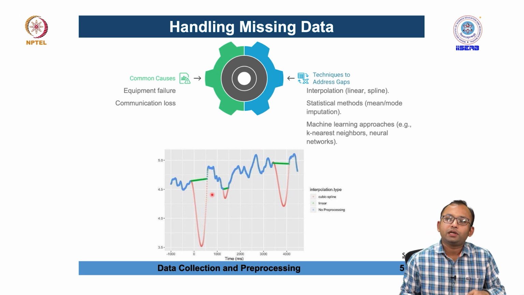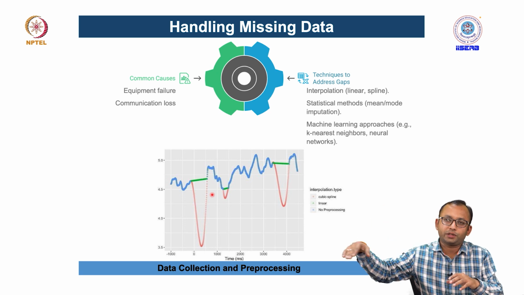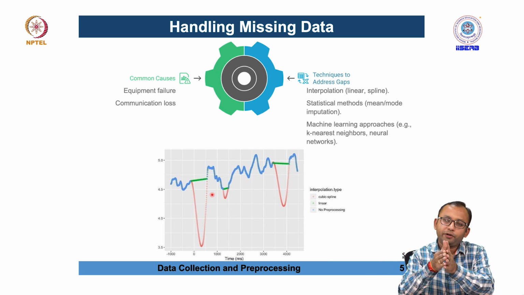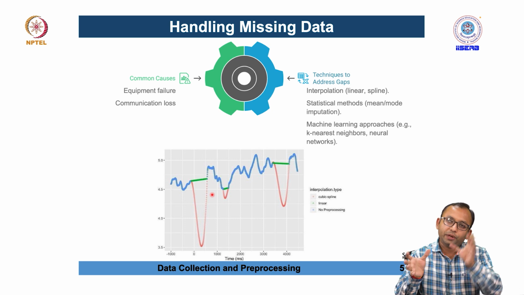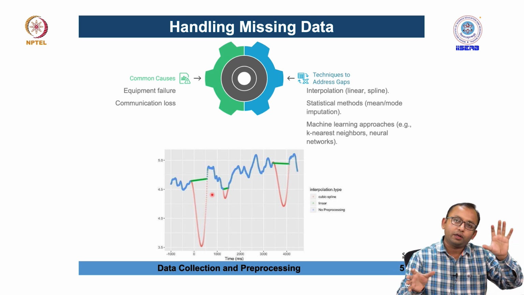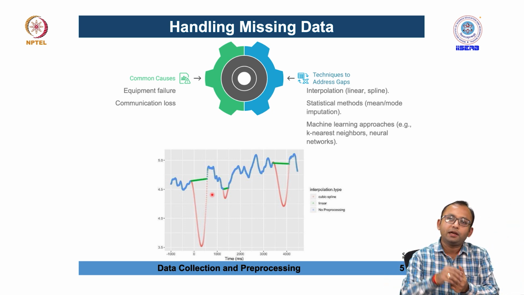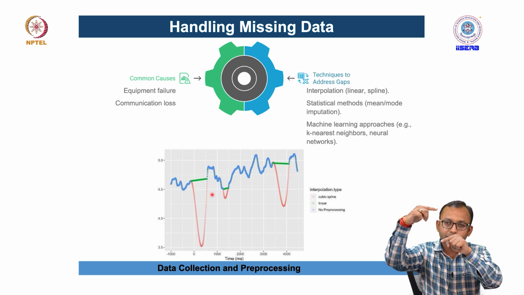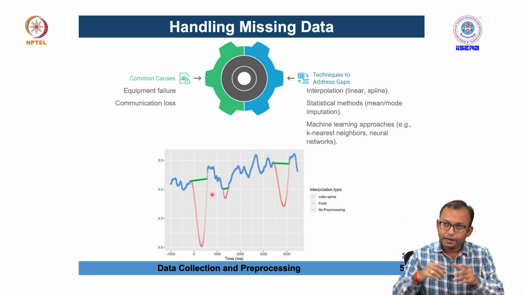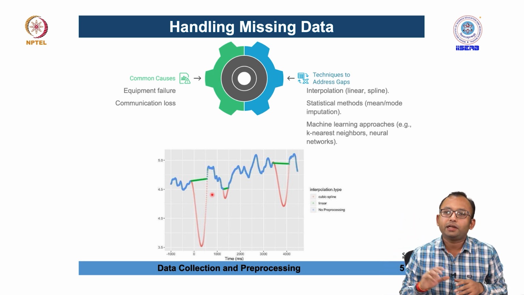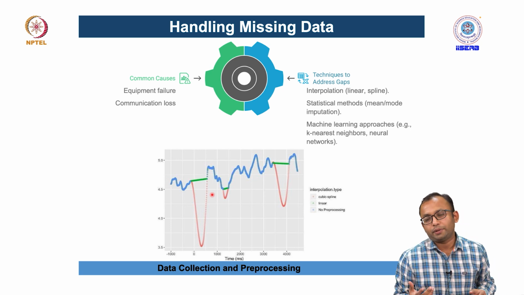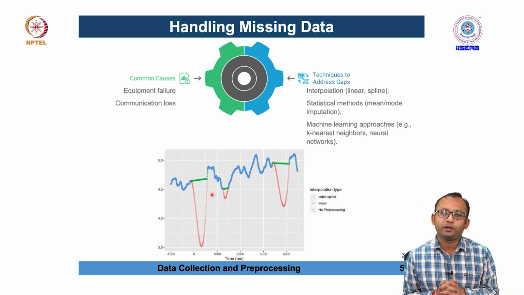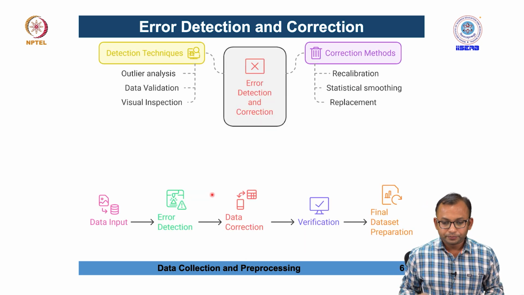Suppose we have some sort of seasonal fluctuation in the data, and in one season we don't have data. From the previous few years or the historical period of the season, we can infer that the range might be something like that, and based on that understanding we can use some interpolation or statistical methods to fill the gaps in the data set.